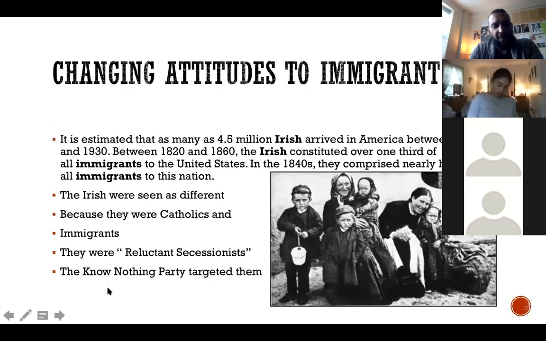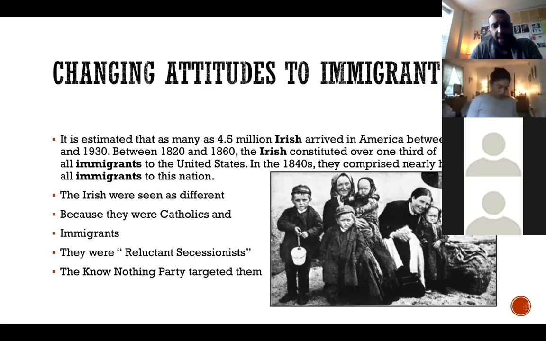So the main theme of our section is changing attitudes toward immigrants. We're focusing on two large immigrant populations. The first is the Irish. If you look on the screen here, you'll see a picture of some Irish immigrants and some facts.